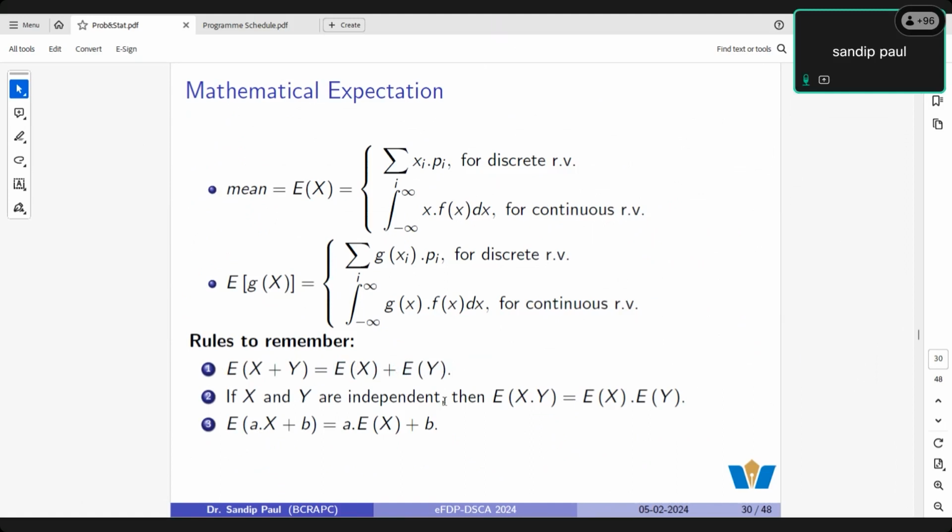Similarly, if x and y are independent, the expected value of their product is equal to the product of their individual expected values. The expected value of any linear term ax plus b is always equal to a times the expected value of x plus b.